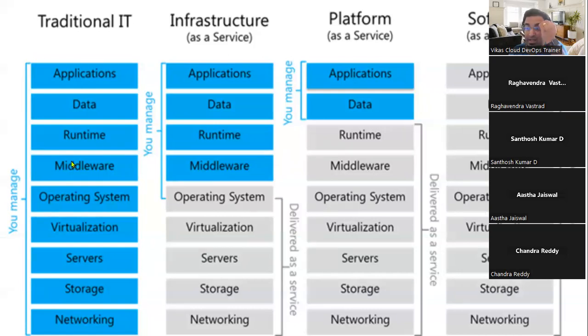What is that? When we go for the traditional approach, networking, storage, servers, virtualization, operating system, middleware, runtime, data, application, everything you have to manage. Means networking related, storage related, server related, virtual machine related things, you have to create it, hardware or whatever configuration is required.